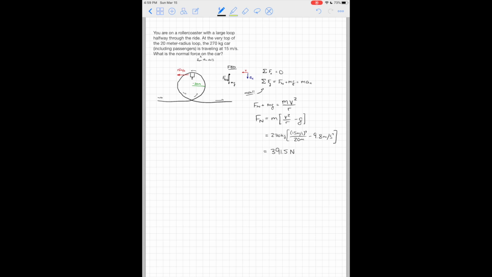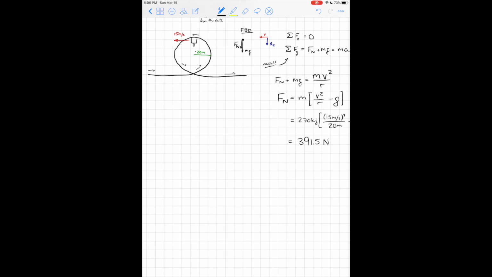We have a positive answer. We were already considering the negative due to the direction. That all came out in the wash because everything pointed down. So this positive number is confirmation that the normal force does indeed point down. Our rails are pushing down on our car to keep us in this loop.